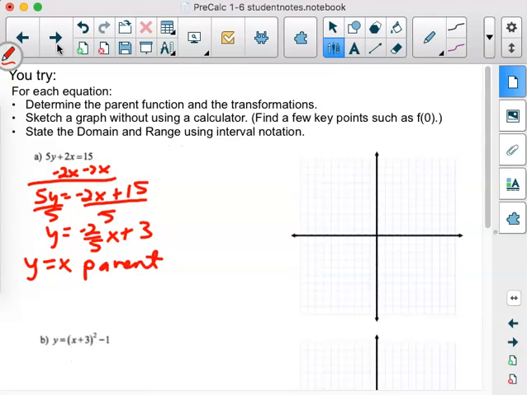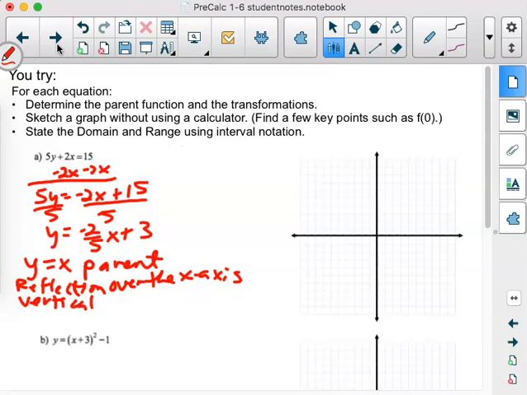The first thing I see as I move from left to right that's not a y or an x is a negative sign, and that was a reflection over the x-axis. Then I see the 2/5, and I realize, well, if that's in front of x, then that's a vertical compression.